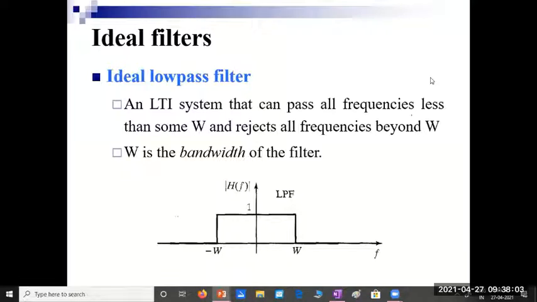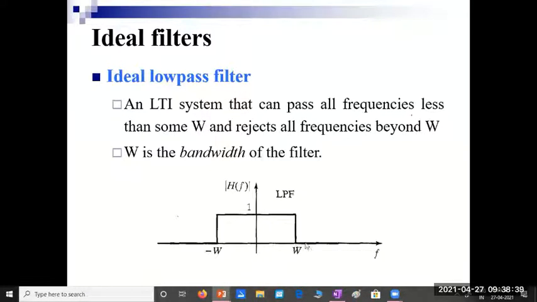Let's see what ideal filters and practical filters are, and then what band pass signals and low pass signals are. We know an ideal low pass filter is one whose transfer function is 1 in the specified band of frequencies. Until a given cutoff frequency W, it should pass the signal at all low frequencies, and it should attenuate the signal completely at high frequencies.